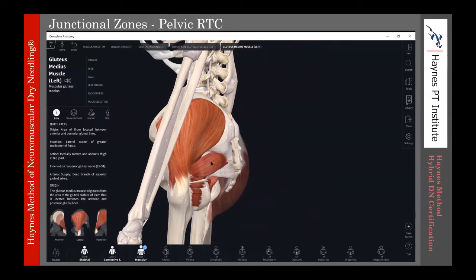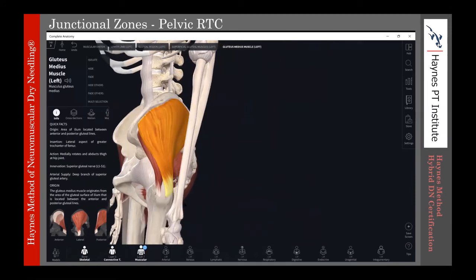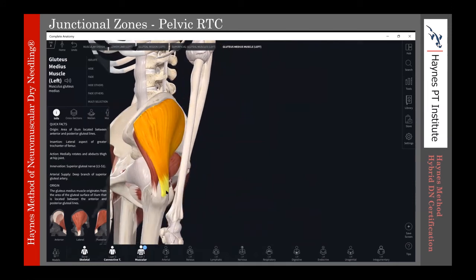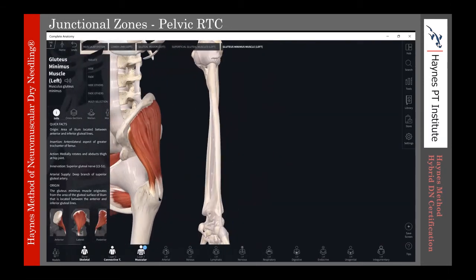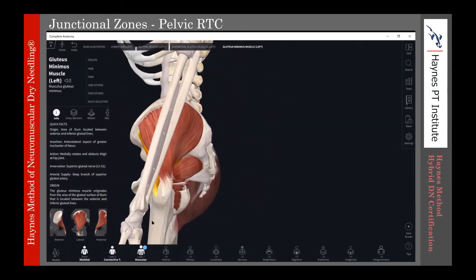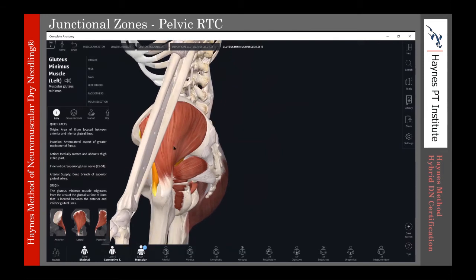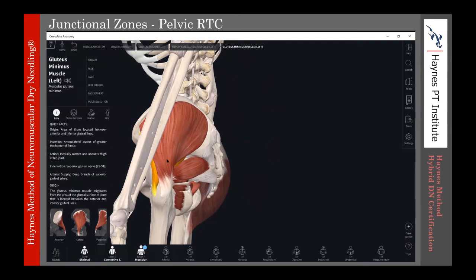So one thing of note, gluteus medius inserts a little bit on the posterior aspect of the trochanter, whereas gluteus minimus inserts a little more onto the anterior aspect. So you can consider a line between them with medius posterior and minimus anterior. But gluteus medius, let me bring that back up.